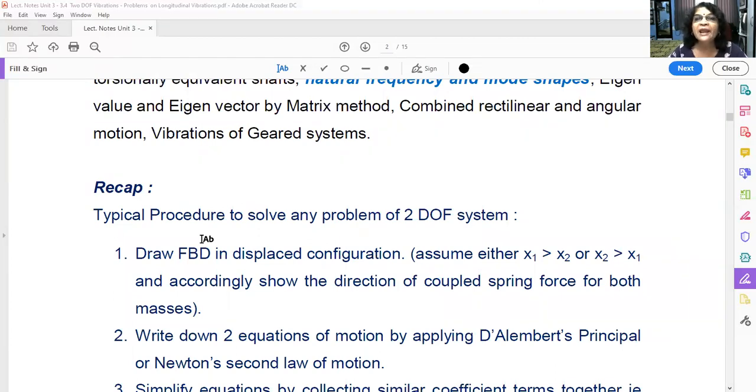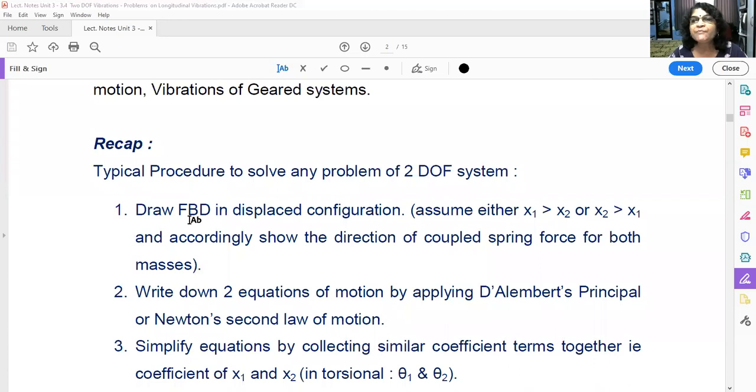As I already told you, there is a very typical procedure to follow to solve any type of problem of a 2 DOF system, whether it is longitudinal vibration or torsional vibration or a combination of vibrations. So what are the different steps?